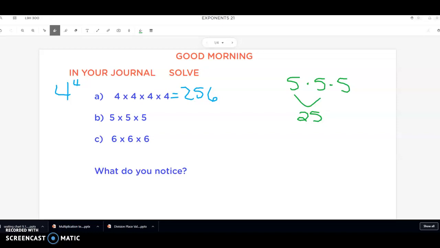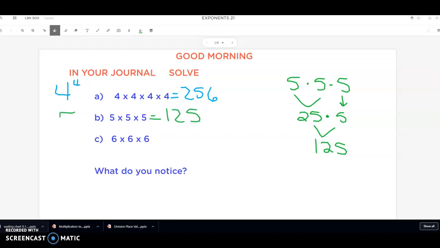And then I bring down the other 5. 25 times 5 again. 125. So that's going to equal 125.